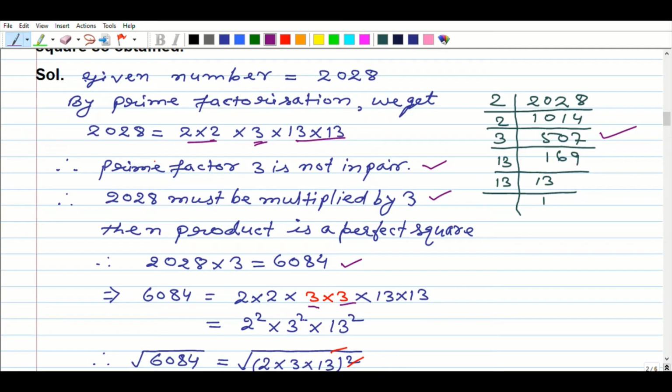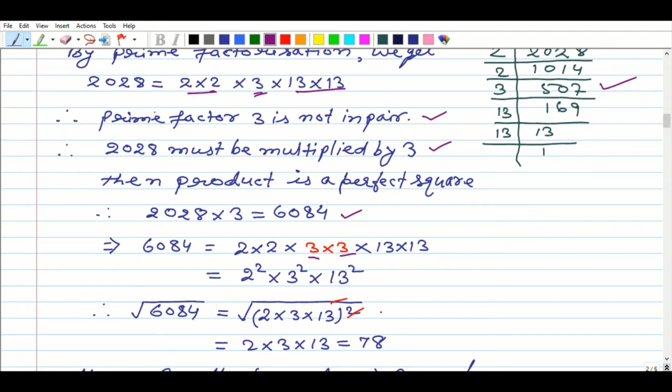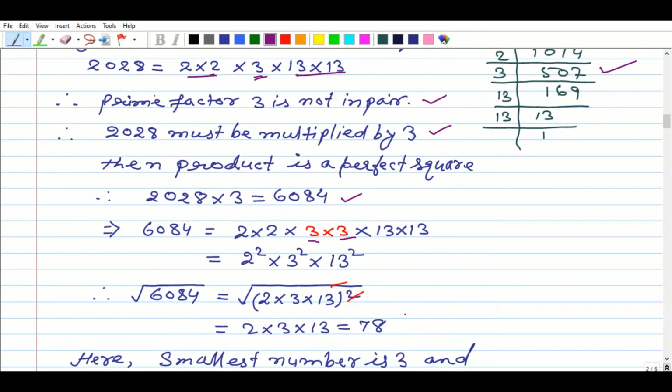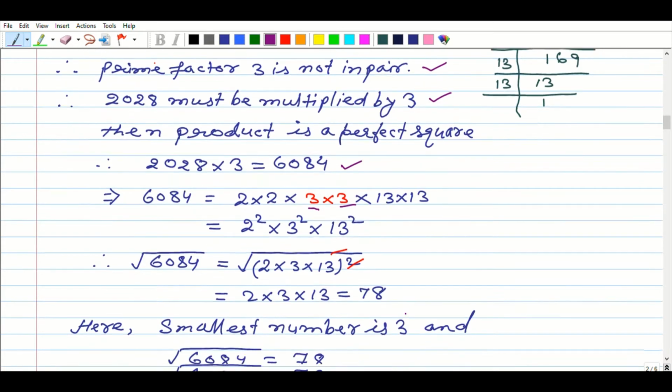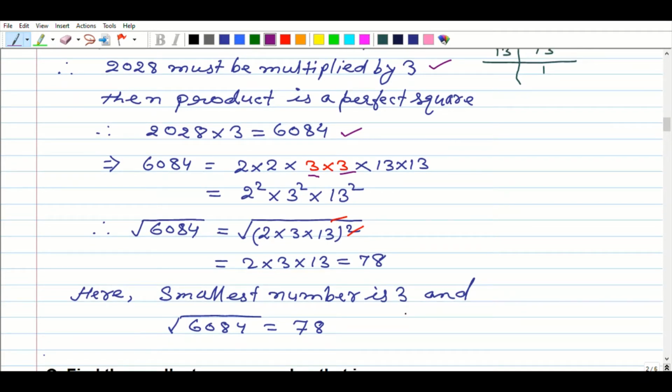Square root of 6084 equals root of 2 into 3 into 13 whole square. Square and root cancel. We get 2 into 3 into 13. The product is 78. So in the end, the smallest number is 3 and the square root of 6084 equals 78, right?